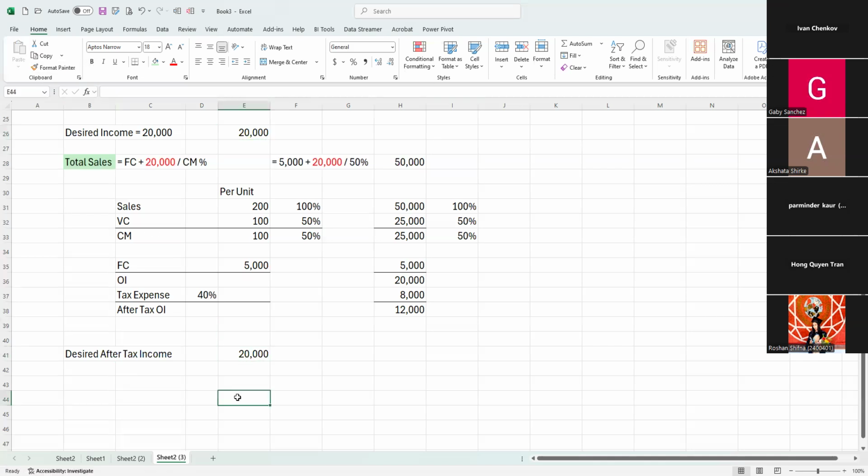Make sense? Yes, sir. Now I want this one to be $20,000. How much is this? I don't care. I want the bottom line to be $20,000 now. What do we have to do? Any suggestions?